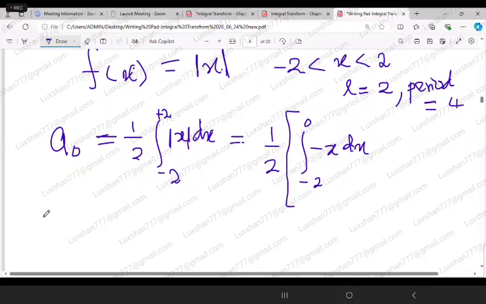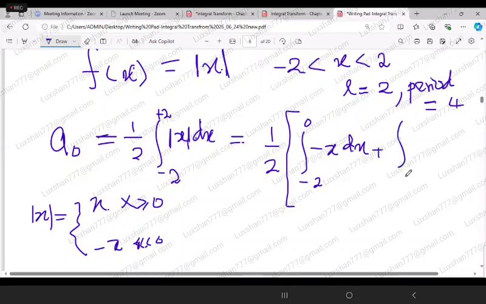You all are familiar with that, no? So mod of x is equal to x if x is greater than or equal to 0, and minus x if x is less than 0. So using that, in the range minus 2 to 0 it is minus x, plus integral 0 to 2 of x dx.